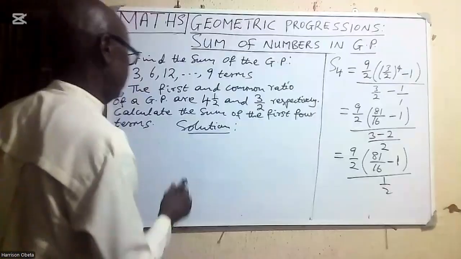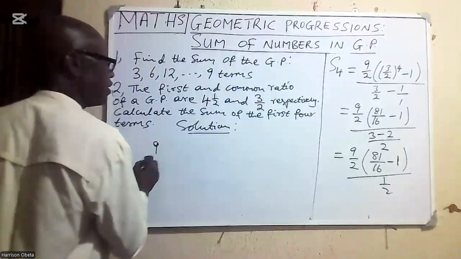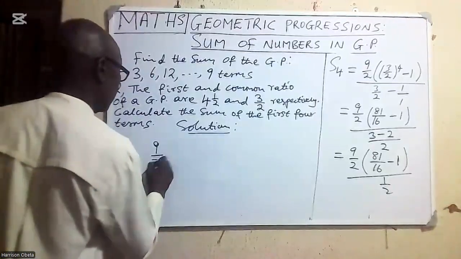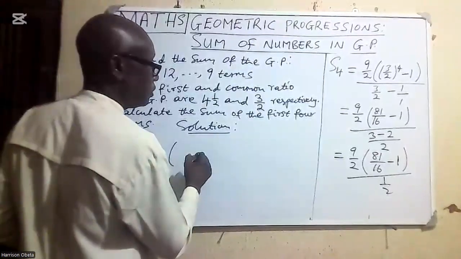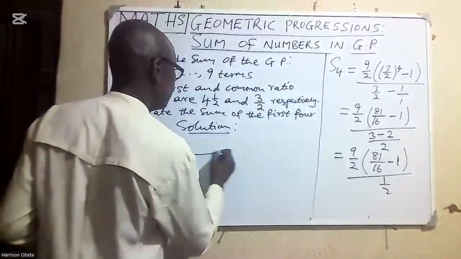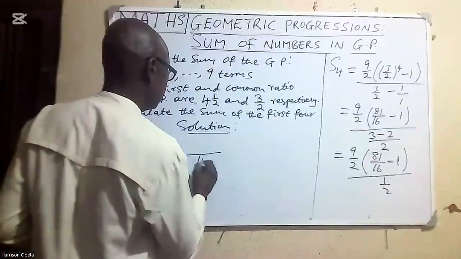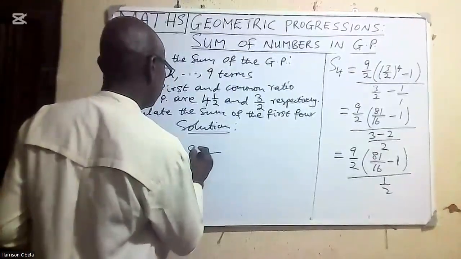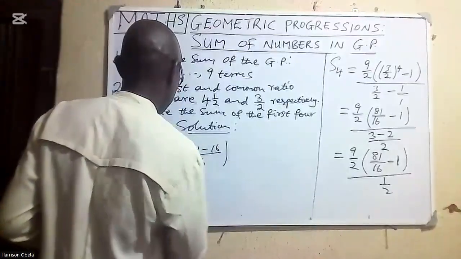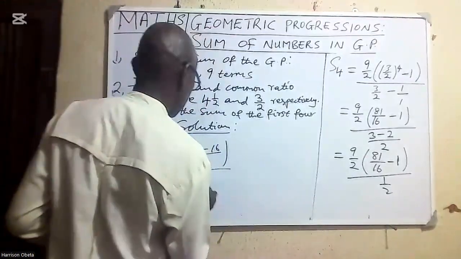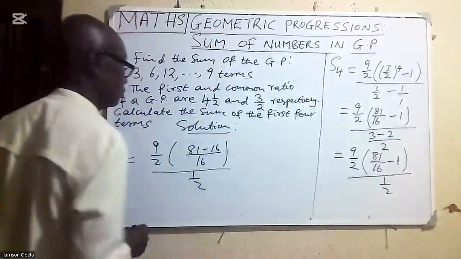So coming back, we have 9/2 brackets. Inside we have the LCM is 16, and that would be 81 minus 16, then all over 1/2.